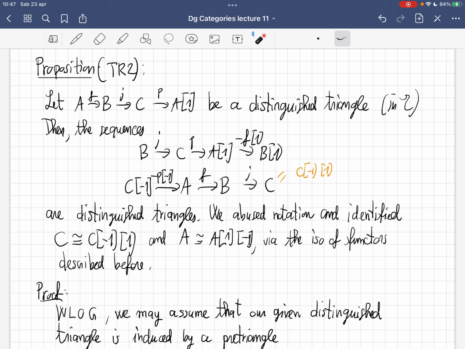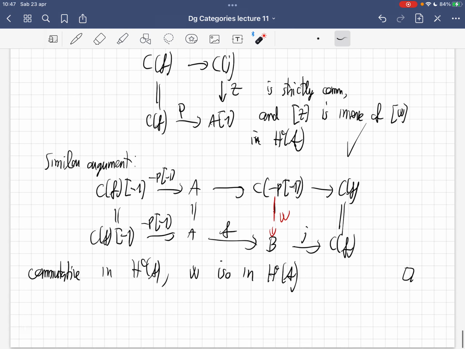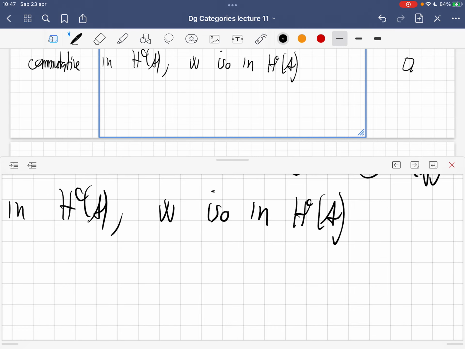So you see here that now you have some justification for this: if this is a distinguished triangle, then this is still a distinguished triangle, so it's isomorphic to, again, a pretriangle. Okay, fine. So this is it. That was the most boring part of today's lecture, I guess.